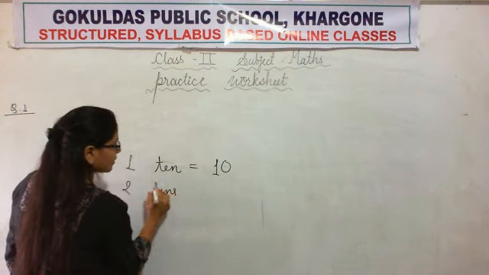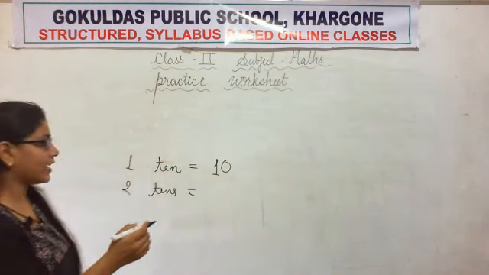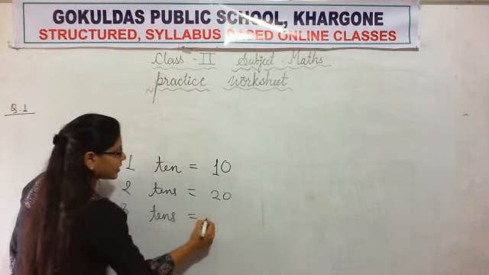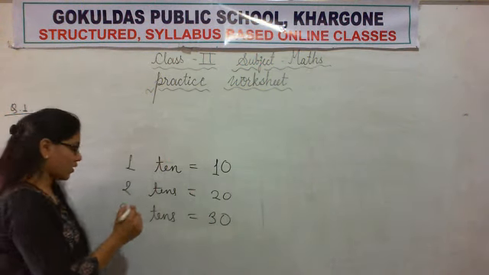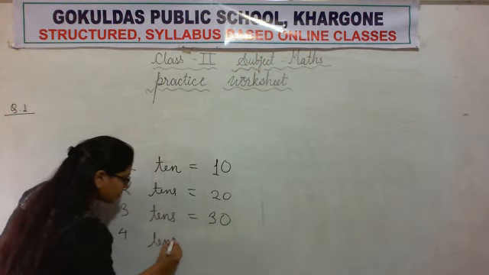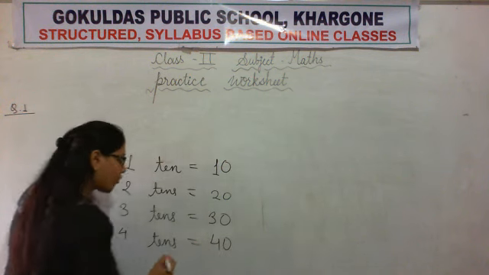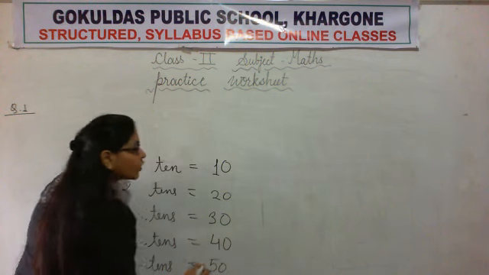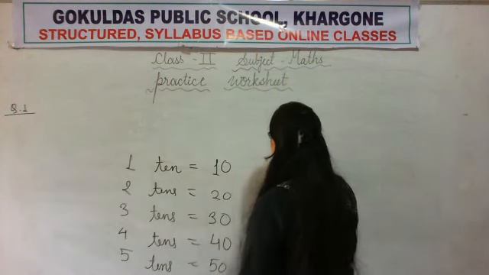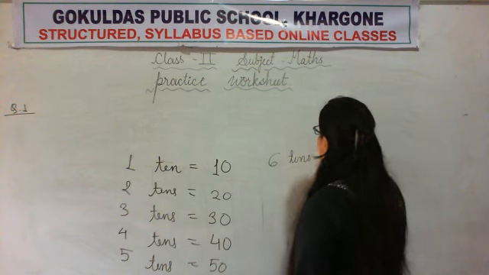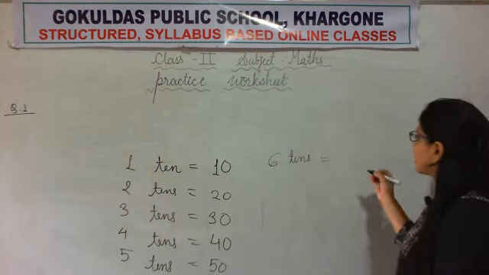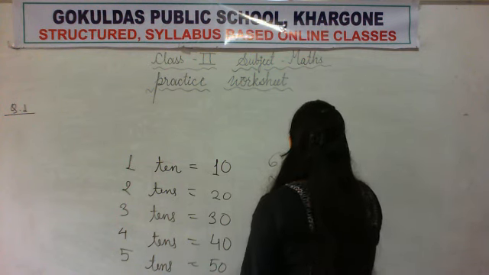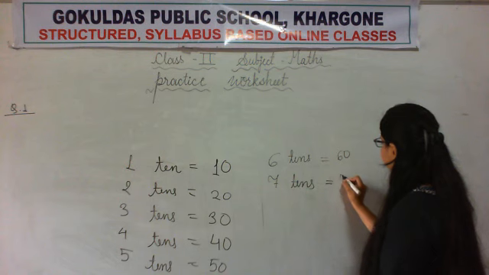2 tens means 20. 3 tens means 30. 4 tens means 40. 5 tens means 50. Now 6 tens means 60. 7 tens means 70.